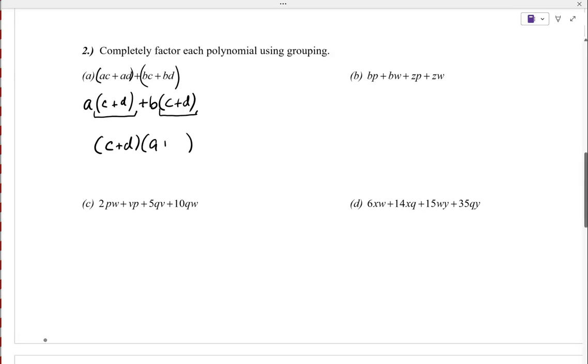Just an A, and then the second one, a B. The reason why, again, that we want to see that whole piece in the parentheses being the same is because now we're treating that whole chunk like it's the GCF and pulling out a GCF. Okay? Pulling it out in front.